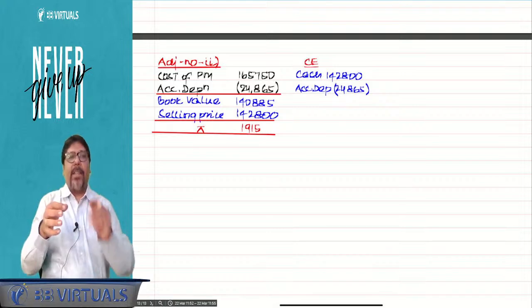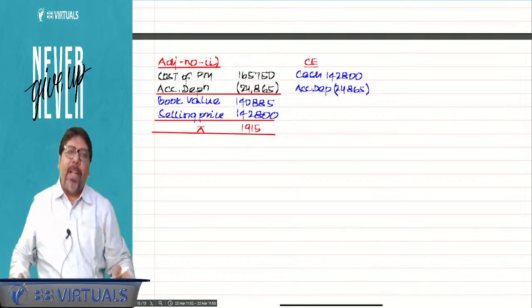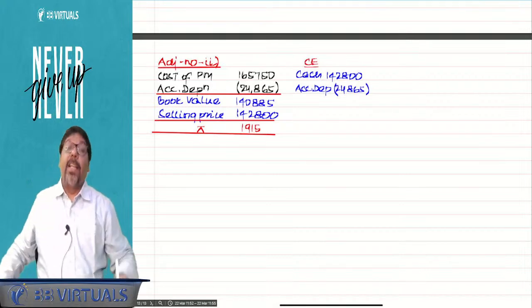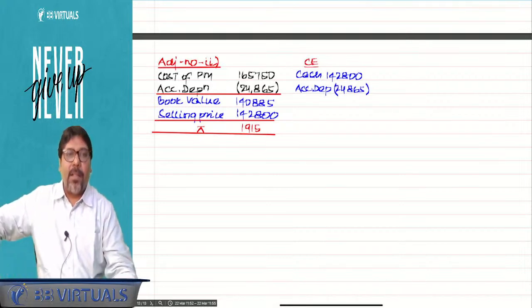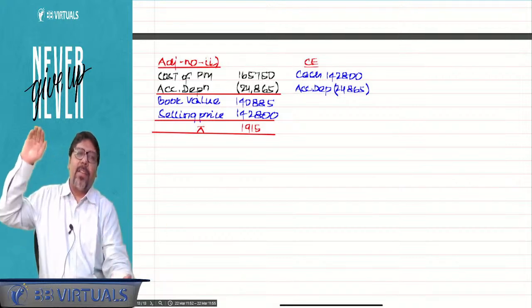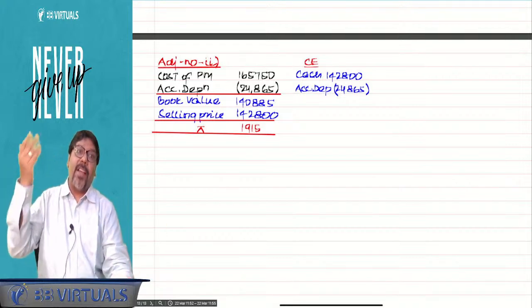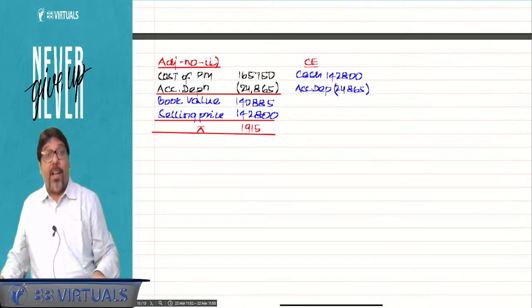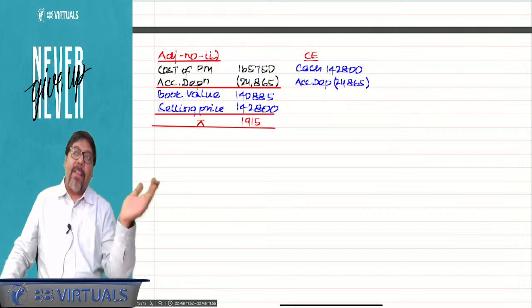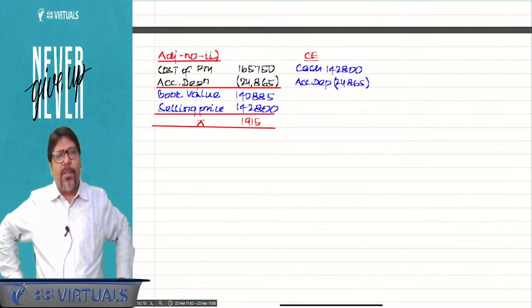If you have sold the asset, then its accumulated depreciation should also be eliminated, yes or no? You remember long ago, there is a concept called Sati Pratha, where when the husband used to die, the wife also used to sit on the pyre and she also used to die, yes or no? So whenever the husband goes, behind him the wife will also go, and that was known as Sati Pratha.